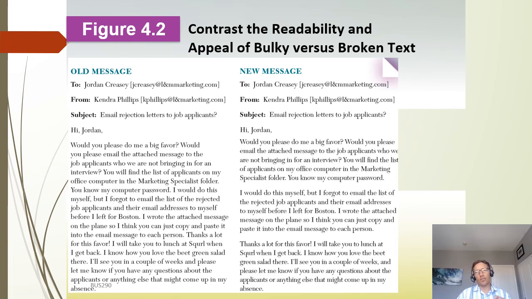As you read the one on the left, you can see there's transition points that warrant starting a new paragraph. So you can say we have a second paragraph on the right. I would do this myself. And then we have another new paragraph. Thanks a lot for this favor. That's a new transition point. So again, read your document and look for transition points, and that's a signal for a new paragraph.